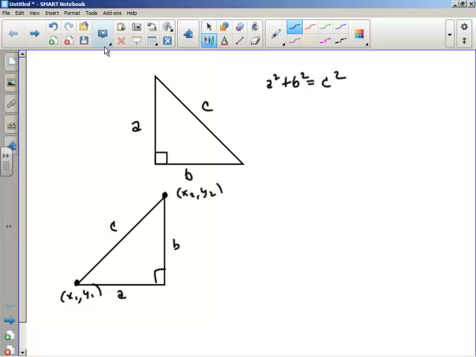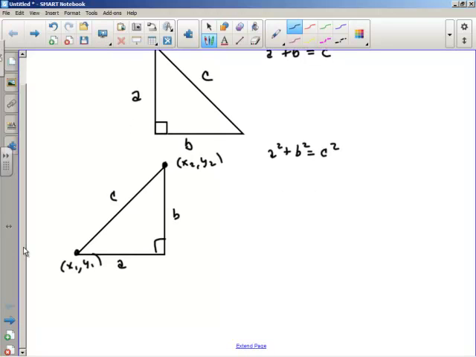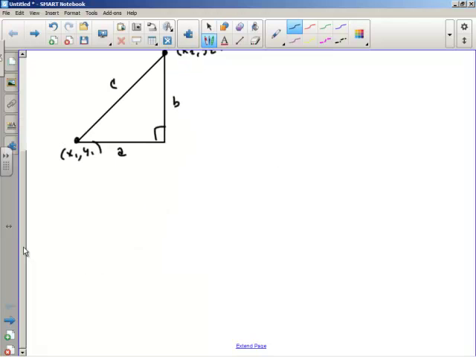Then again, a squared plus b squared equals c squared, but the distance A is actually this horizontal distance, which is just the difference between x2 and x1. And technically it's the absolute value, but I've set this up so x2 is to the right, therefore bigger.